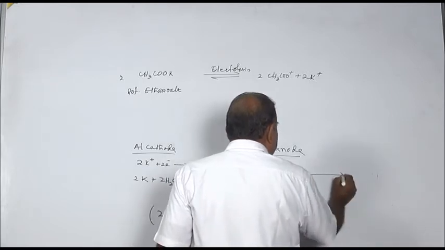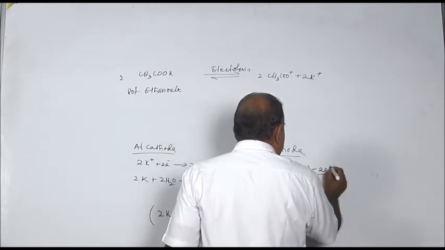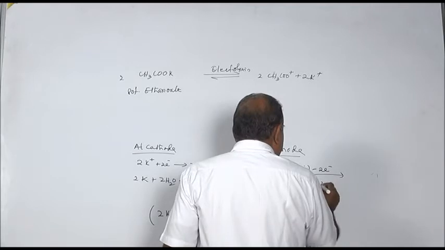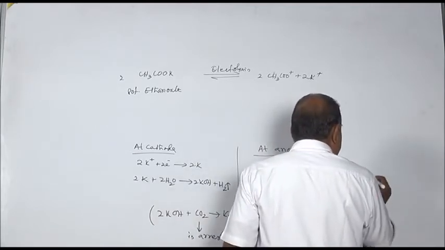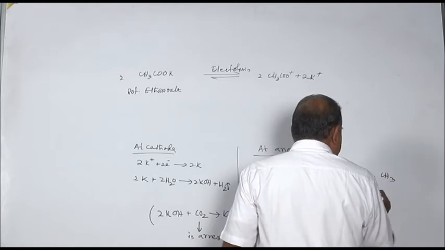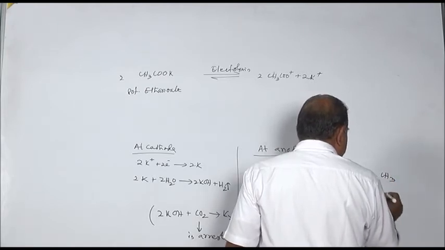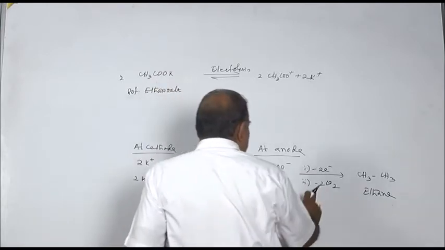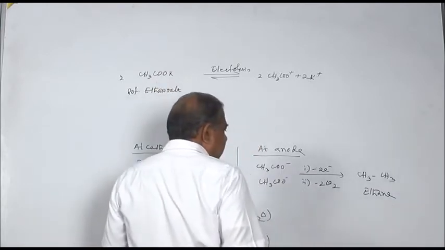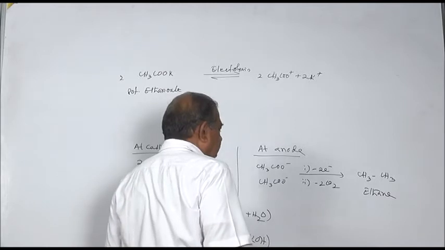At first step, it loses an electron. In the second step, it loses carbon dioxide. So you are getting ethane. You can see I have started with altogether 4 carbon atoms. 2 of them are removed as carbon dioxide. You are getting ethane having an even number of carbon atoms.